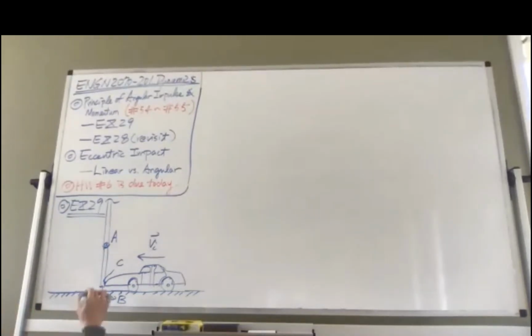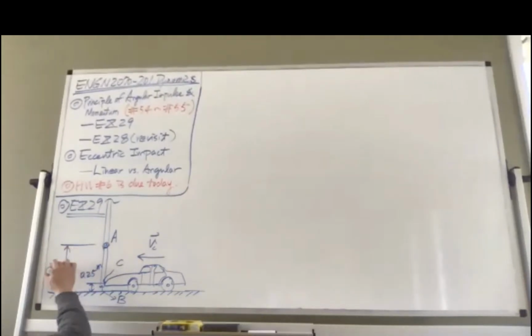And dimension-wise, from point C to the ground, this is 0.25 meters. And the garage door has a height of 2 meters. Okay, so what is the problem?